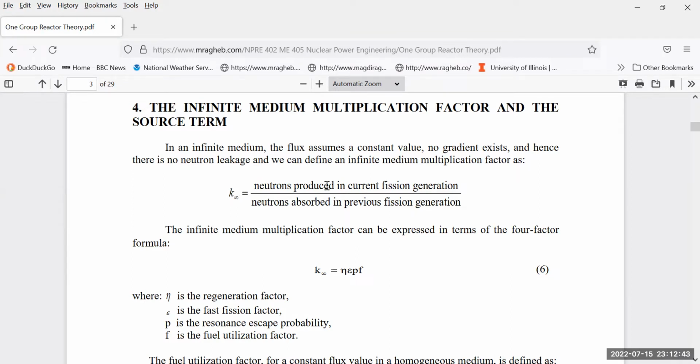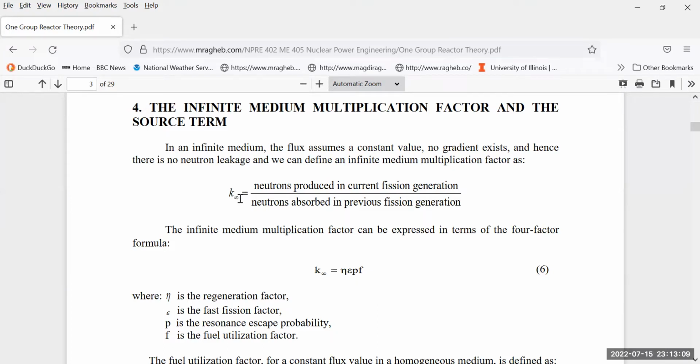This would be the neutrons produced in a current fission generation. Look, we are using generation here again in analogy to bacterial populations, divided by the neutrons absorbed in the previous fission generation. We identify that multiplication factor with the infinity symbol here, because that applies to an infinitely sized medium, a very large medium without boundaries.